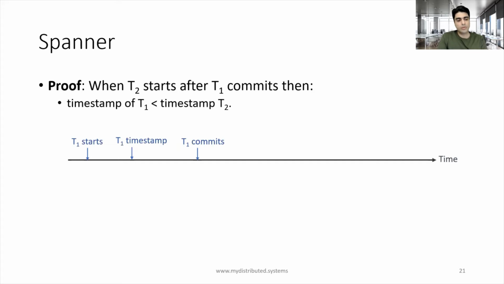So we have transaction T1, it starts and commits, and based on what we showed in the previous slide, we know that the timestamp that Spanner assigned to this transaction is between start and commit. Now transaction T2 starts, and based on the assumption, we know that T2 starts after T1 commits.